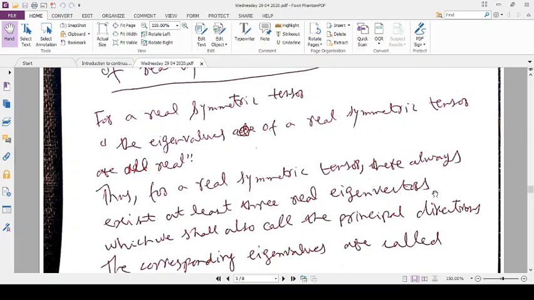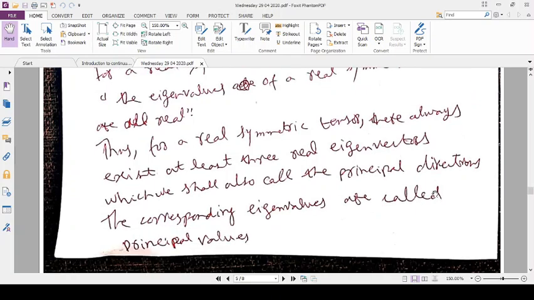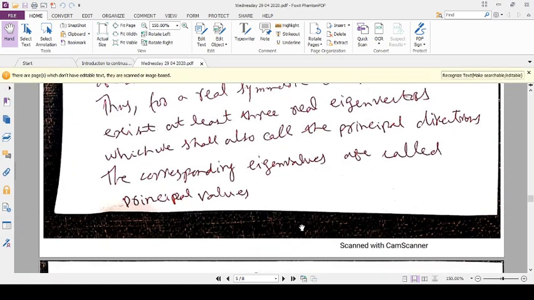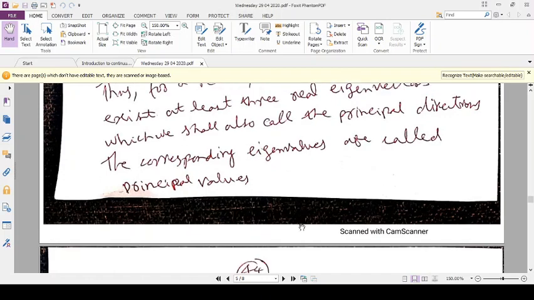The corresponding eigenvalues will be called principal eigenvalues of tensor T. Which type of tensor? Real symmetric tensor. Eigenvalues are principal values and eigenvectors are principal directions, and there exist at least three real principal directions.